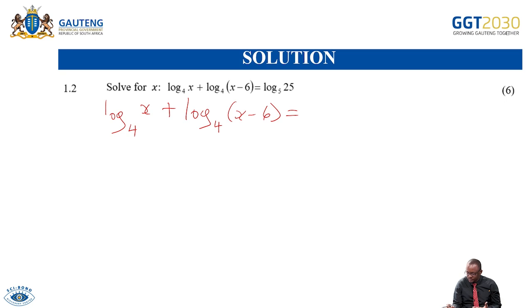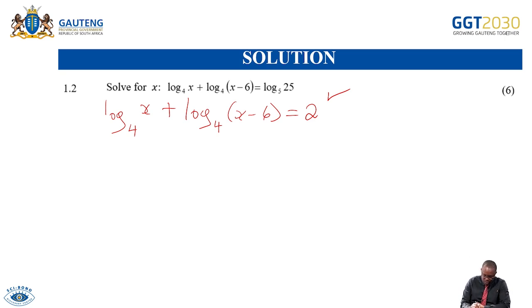If you were to punch that in your calculator, log base 5 of 25, automatically it will give you 2. Then that's where you get your first mark. Correct? Then from there you now solve.